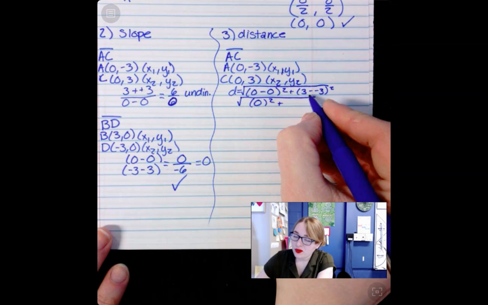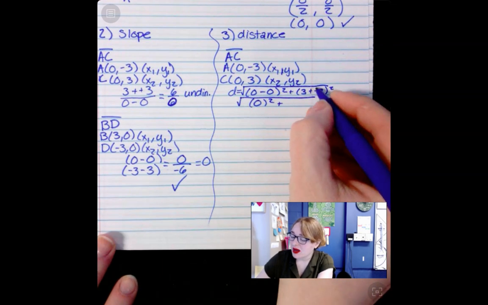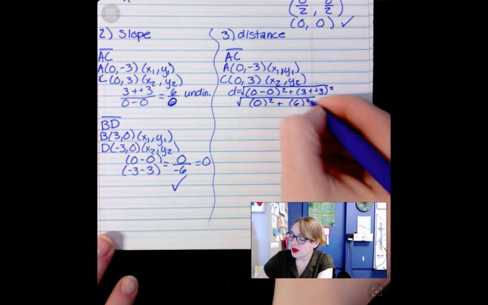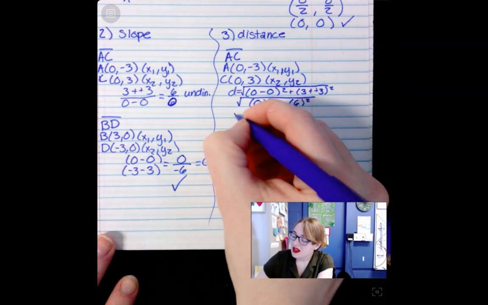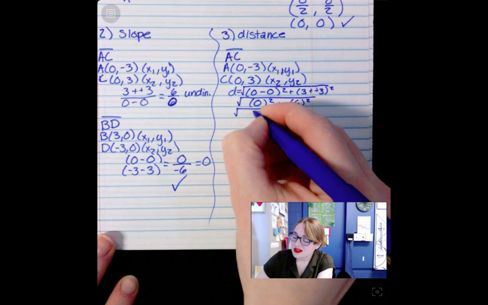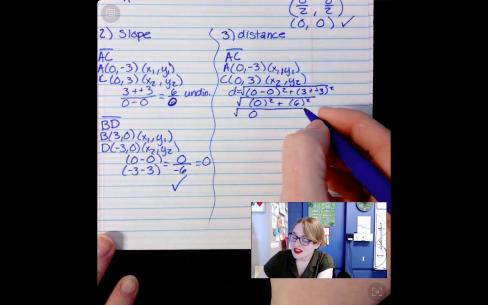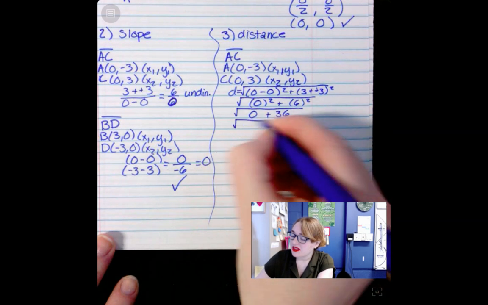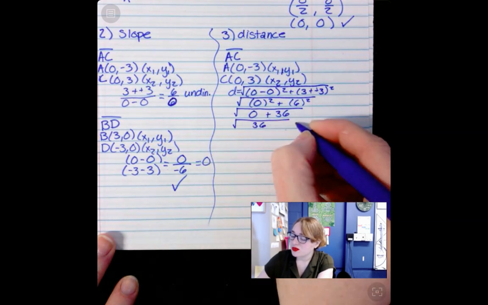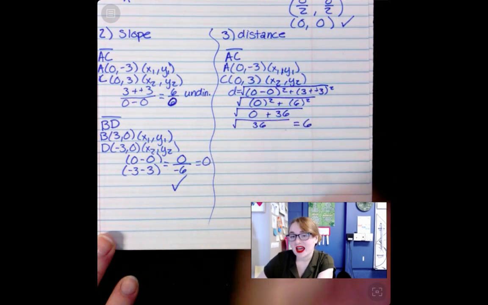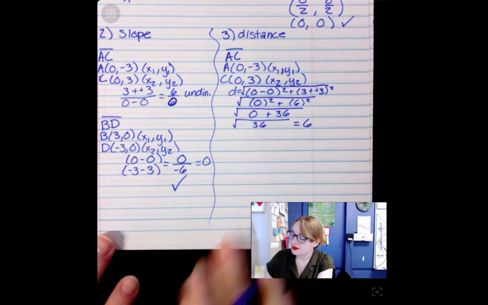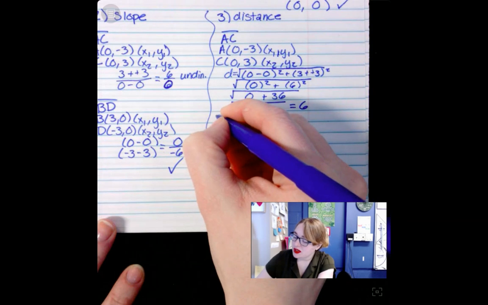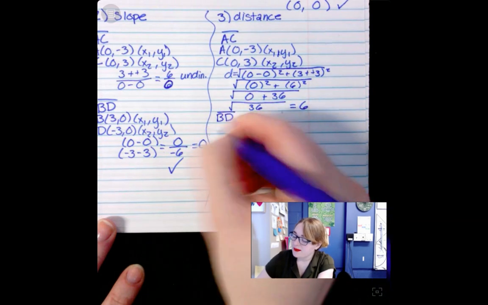And whenever we have a minus a negative, we're really adding a positive. So 3 plus 3 gives us 6 squared. Okay, 0 times 0 is still just 0. And 6 squared gives us 36. When we add these together, we just get 36, which when we take the square root, we get exactly 6 units.